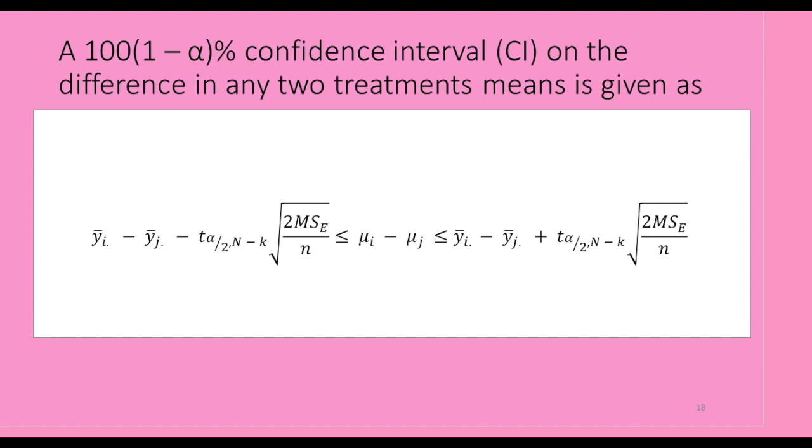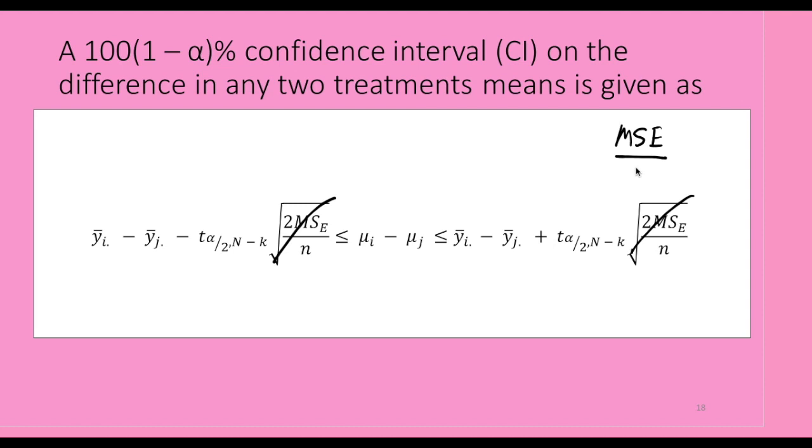On to the next part. This is the final part actually. So previously we have learned this formula for the confidence interval of the difference in any two treatment means. Now this part changes, okay? This formula would be, instead of 2 MSE, it is MSE. Remember, we have different values of the number of observations.